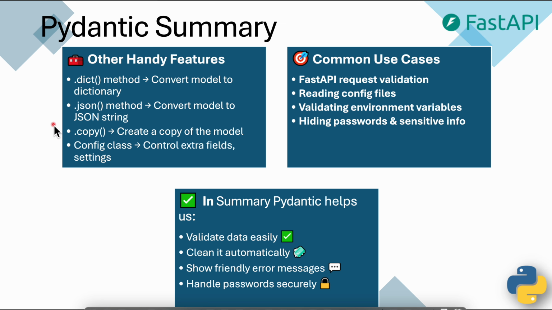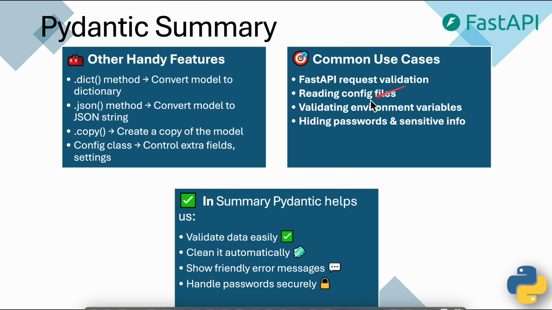Pydantic summary. Other handy features: the .dict method can convert a model to a dictionary. The .json method can convert a model to a JSON string. .copy can create a copy of the model. The Config class controls the fields and settings.